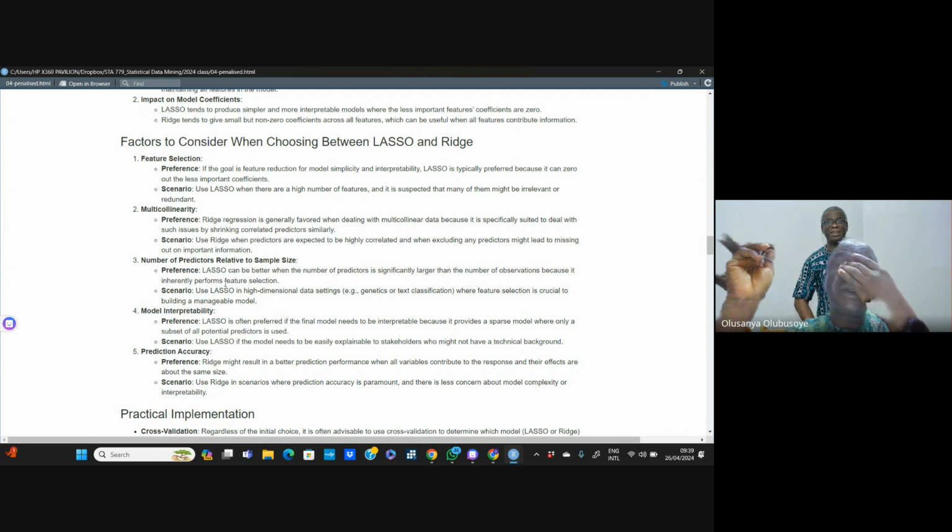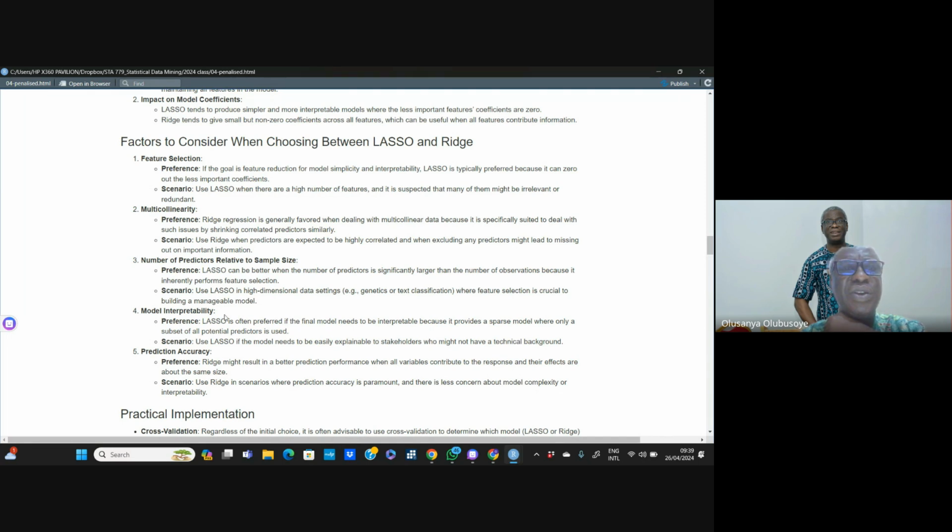If you collect, there are situations when you do a survey, you have a long list of potential features than the number of samples that you have taken. So you can consider the use of LASSO.